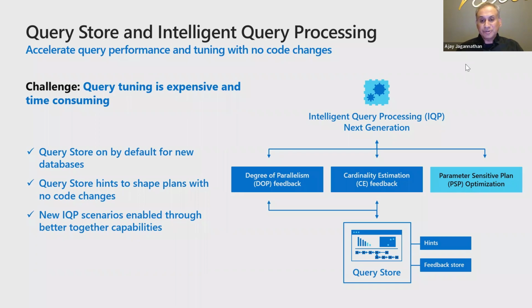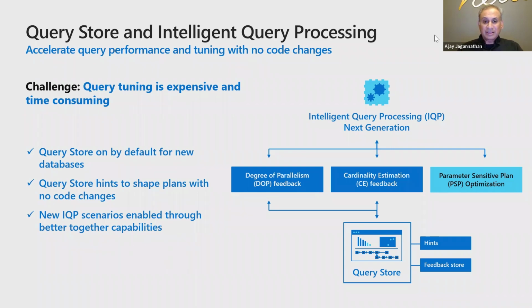We introduced a new cardinality estimator in SQL Server 2014, which works very well for most queries, but there may be a few queries which may need to revert back to an older version. How do we make it easier for a feedback system to leverage the information we capture in Query Store and then improve the cardinality estimation?